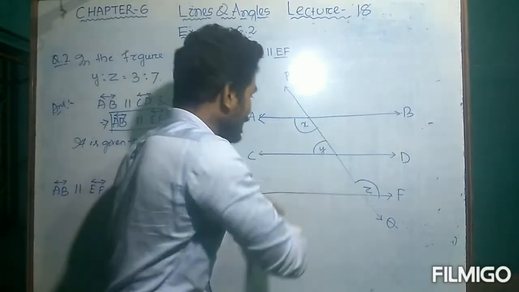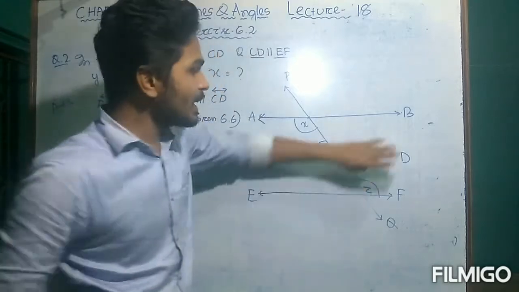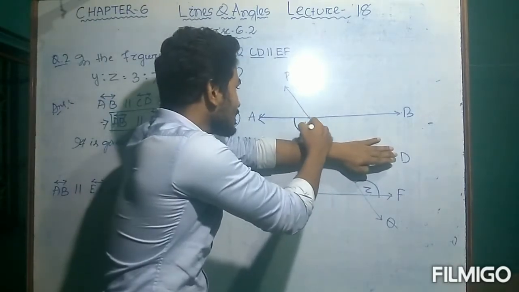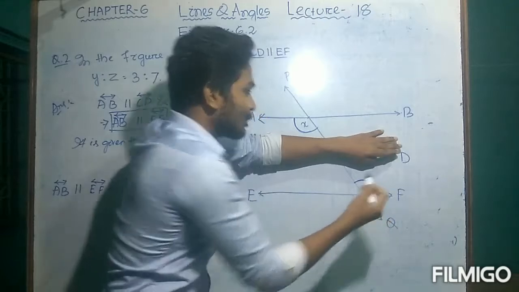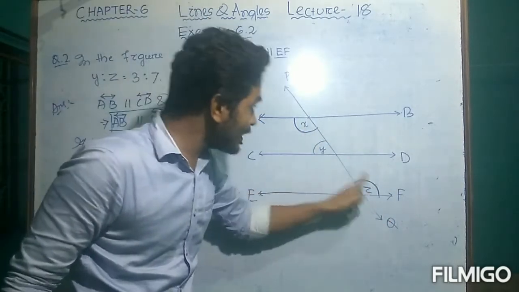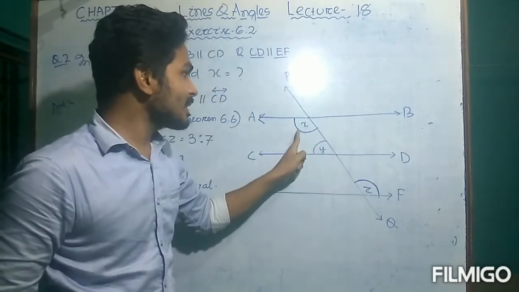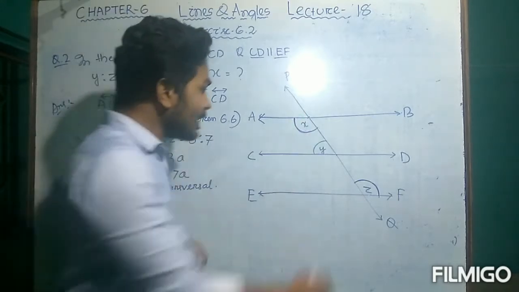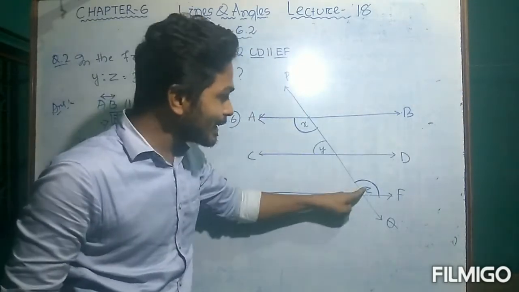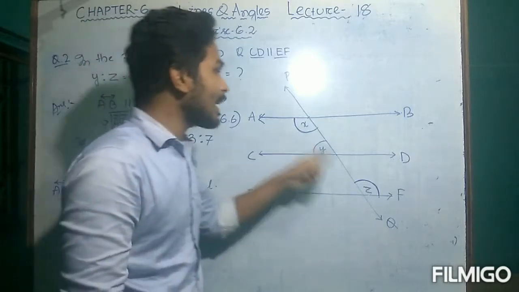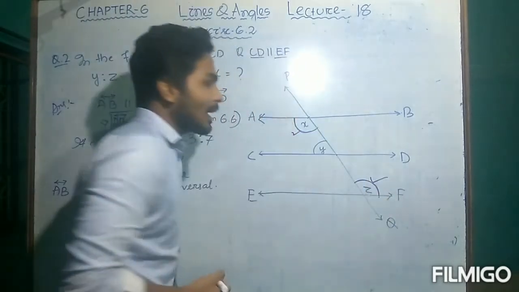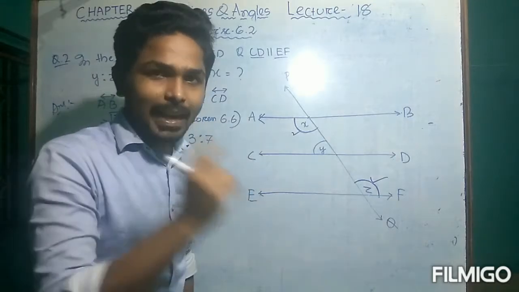Only consider AB, EF and the transversal PQ. Tell me, what is the relationship between this angle and this angle? These two angles are alternate interior angles, since this angle lies on this side, this angle lies on this side, both are interior and non-adjacent.